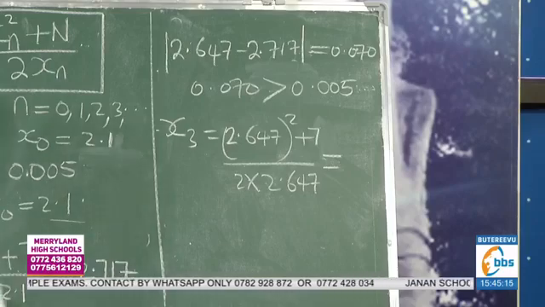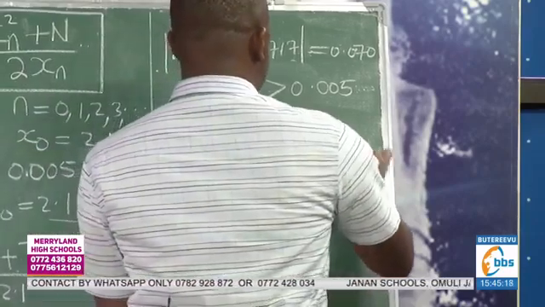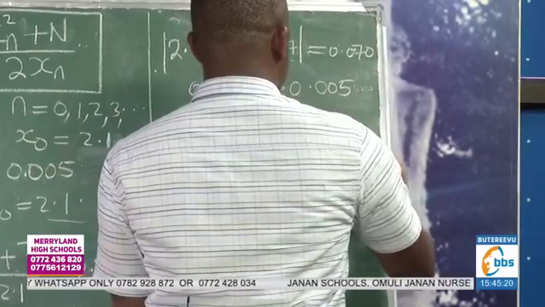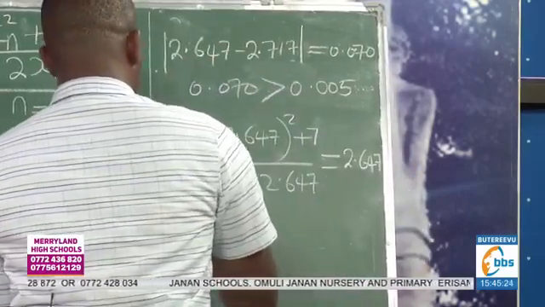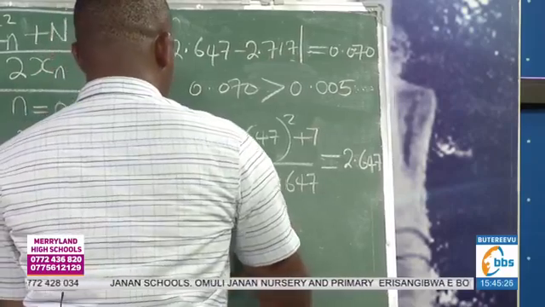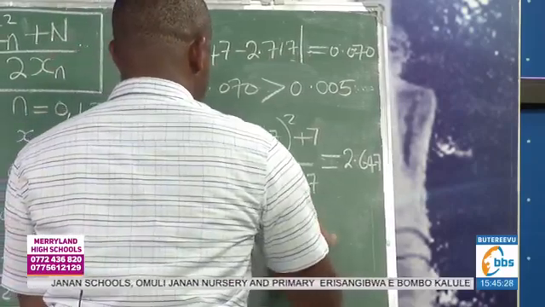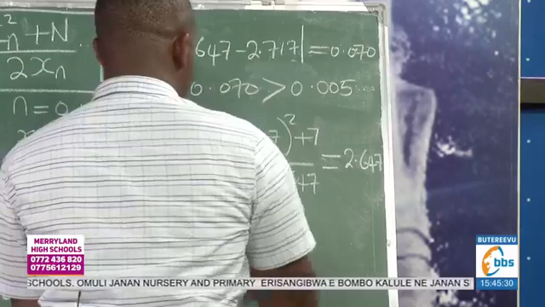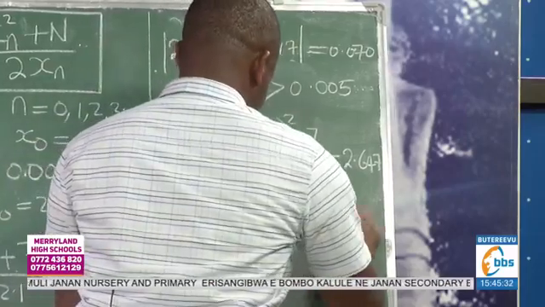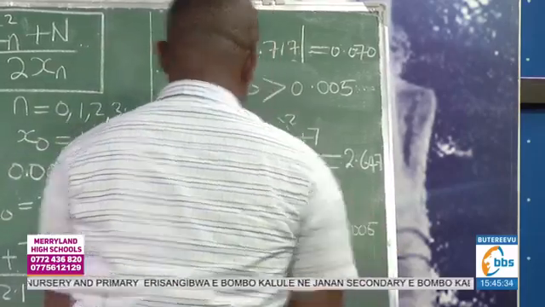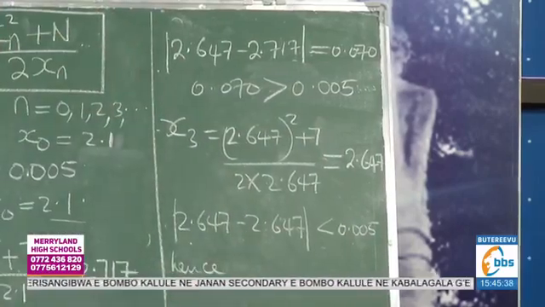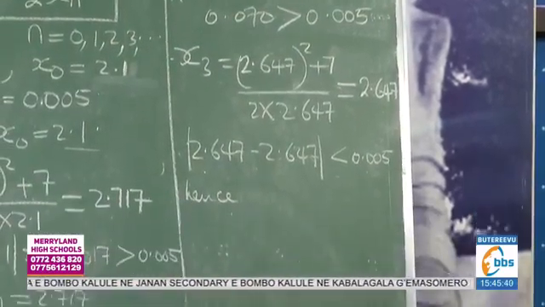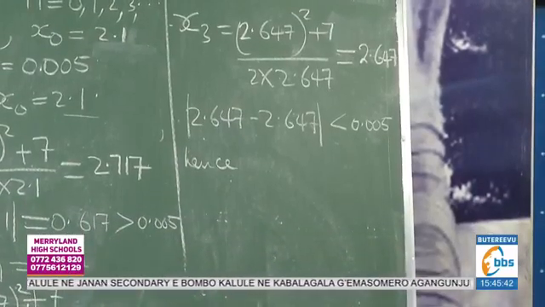It gives us ideally the same value, 2.647. And we can say that 2.647 minus 2.647, modulus, should now give us a value that is less than 0.005. And hence, once the value is less than the error, we conclude that we have got the answer.